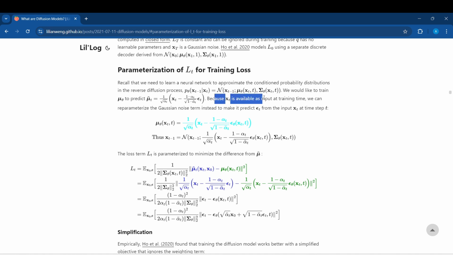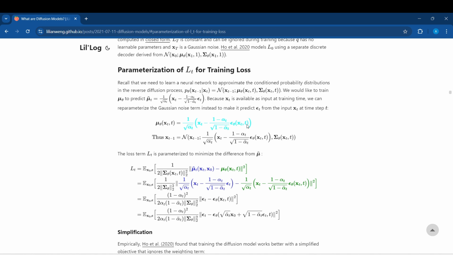And because x_t is available as input at training time, we can reparameterize the Gaussian noise instead to make the model predict epsilon_t from x_t at time step t. So for mu theta we can reparameterize with the Gaussian noise. Rather than predicting the mean, we can just predict this noise here, epsilon theta.